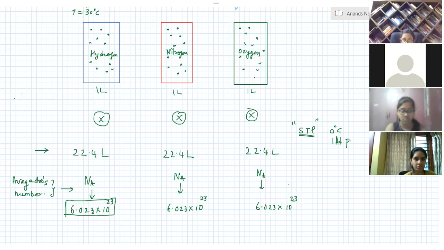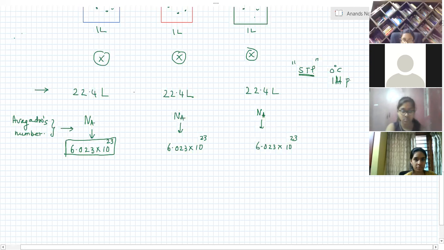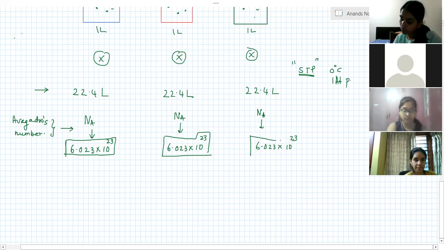But it has been experimentally proved that this is what it is. We will take it as a topic later, as this becomes a little more complex. If you want to know how this happened, a lot of other allied information you need to know.